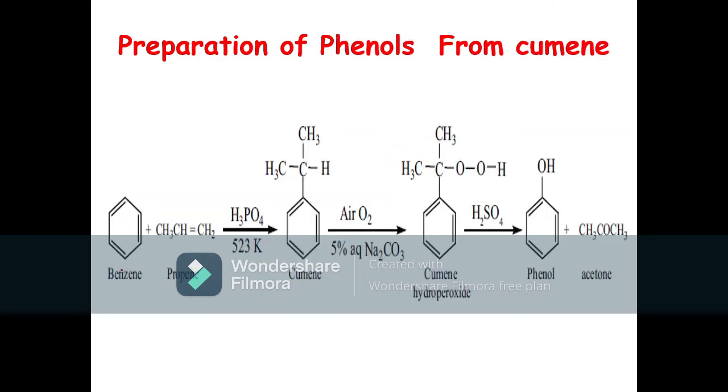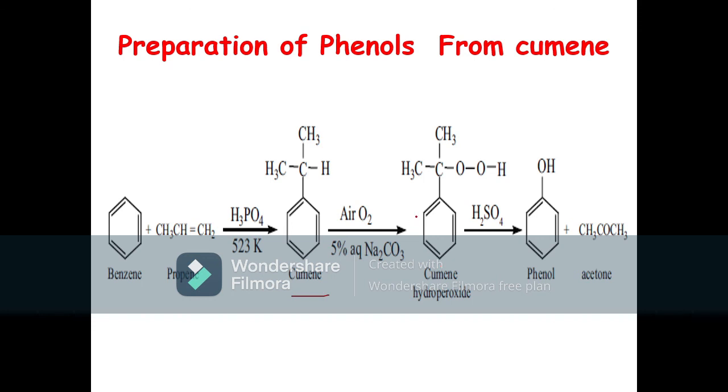We are taking the mixture of benzene and propene. Here phosphoric acid is used as a catalyst. We heat at 523 Kelvin temperature. It gives cumene, which is nothing but isopropyl benzene. On passing air to a mixture of cumene and 5% aqueous sodium carbonate solution, oxidation takes place.